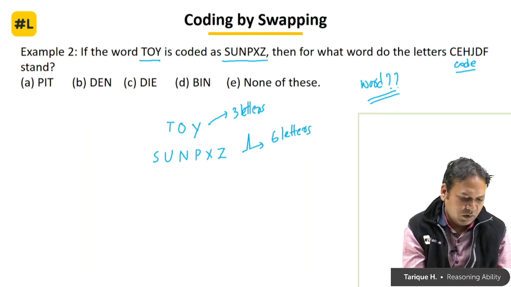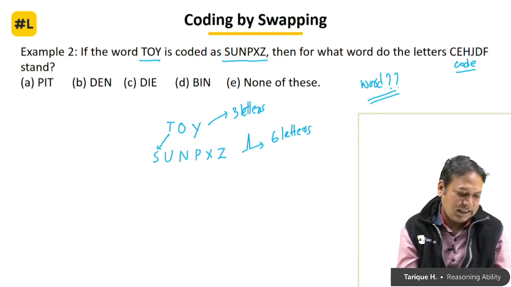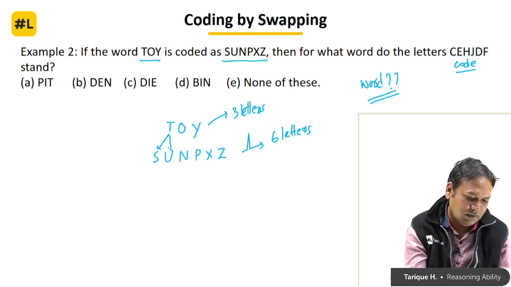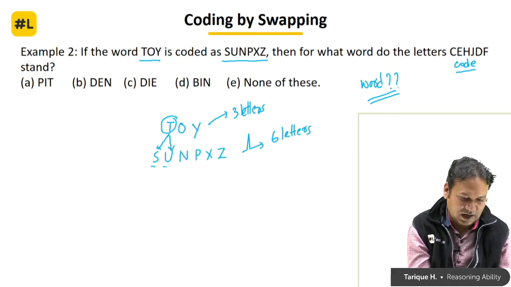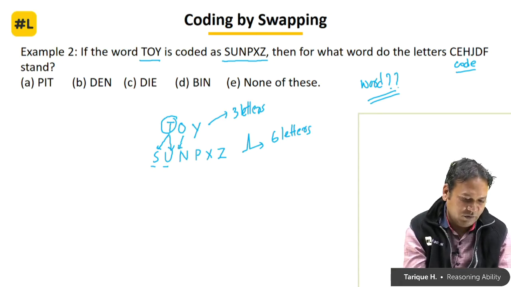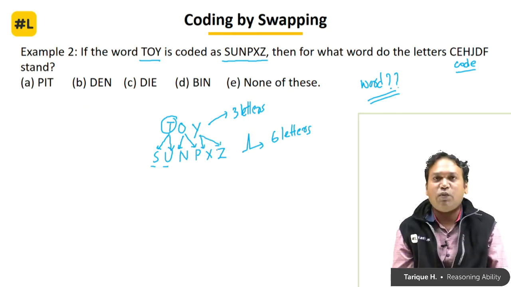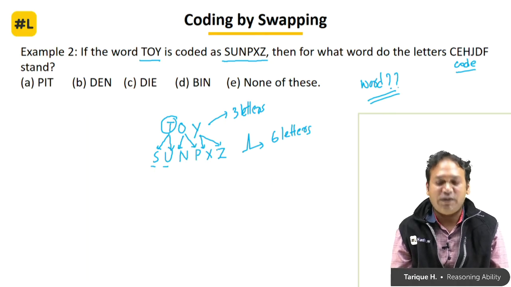So what we are doing here, you see what comes before T, S comes, and what comes after T, U comes. So we are changing the letter T with the letter before and after. Same thing we do with O also, letter before N, O, P, and same thing with Y, X, Y, Z. So that's what we are doing here, changing the word into something else.